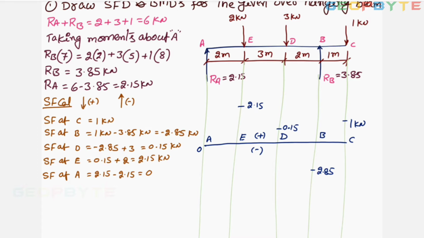Now start from C, go for the value. All are point loads only. Come to the next line, go for the value. Come to the next line, go for the value, and again for the next lines.